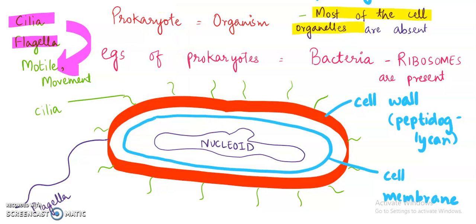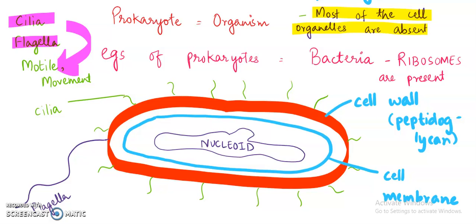What are the characteristic features of prokaryotic cell? So you will make the diagram. Then you will say that the prokaryotic cell is the one which is having primitive nucleus. Second point you will write that there is no demarcation between the cytoplasm and the nucleus. Poorly developed nucleus is known as nucleoid. Then you will also write cilia and flagella help the bacteria in its movement.